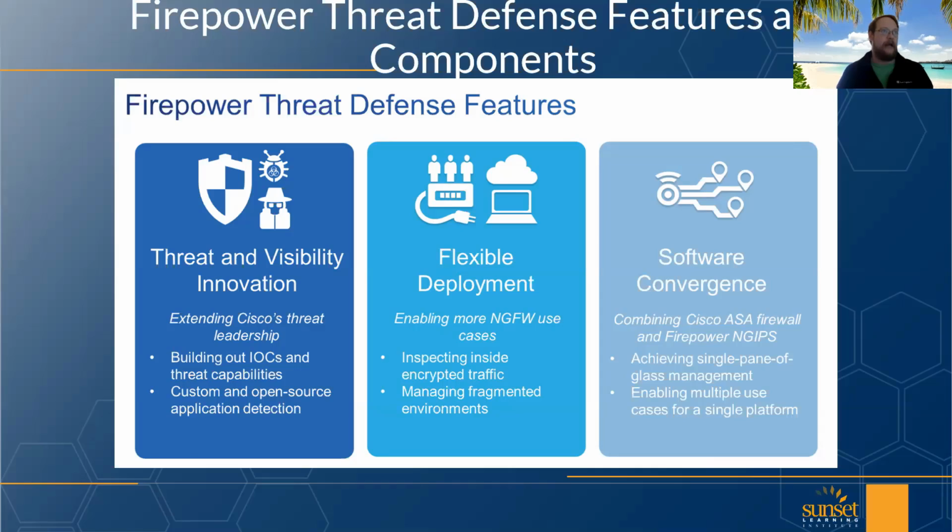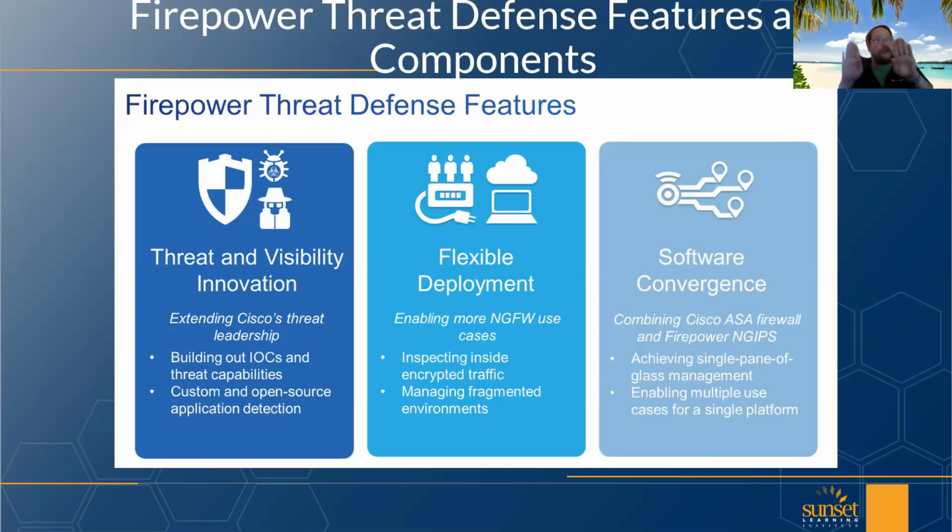the FMC, the Firepower Management Center. In the beginning, I got my CCSP. Stupid side note, I got my CCSP, I think in like 2006, 2007. And back then you had an ASA 5500. If you wanted intrusion prevention, it was a completely separate module and you had to connect to it completely differently than your firewall.